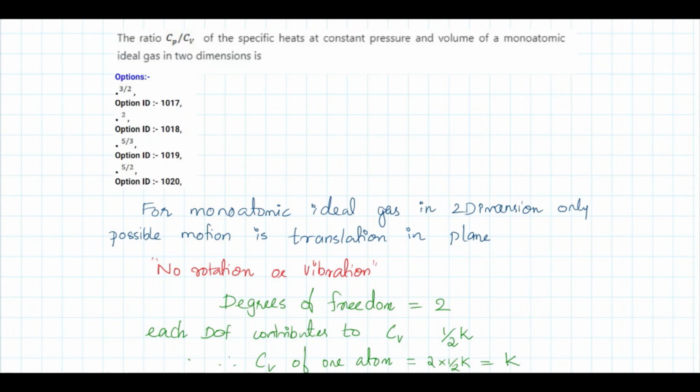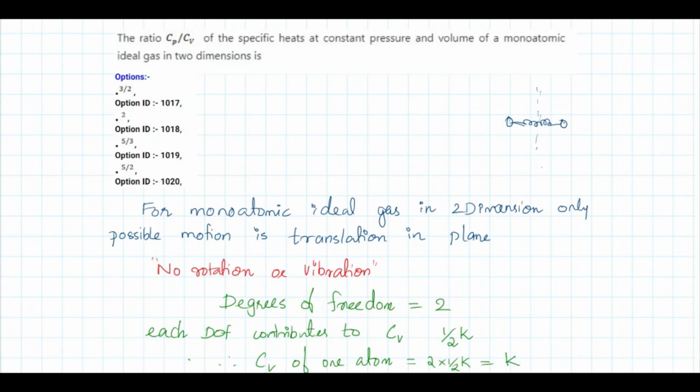Since it is monoatomic, there is no possibility of vibration. If it is a diatomic molecule, we can consider the bond as a spring and there can be a vibrational motion. Also, there can be rotation about an axis passing through the center.